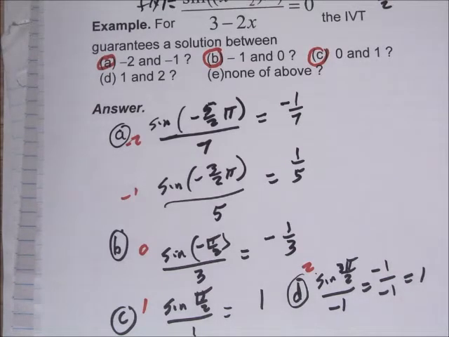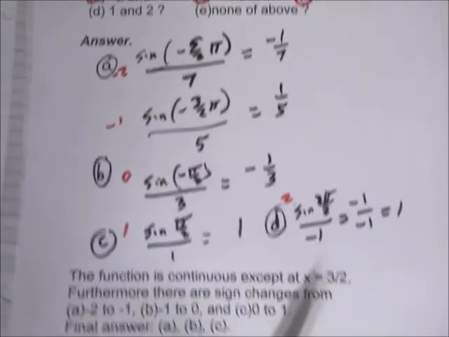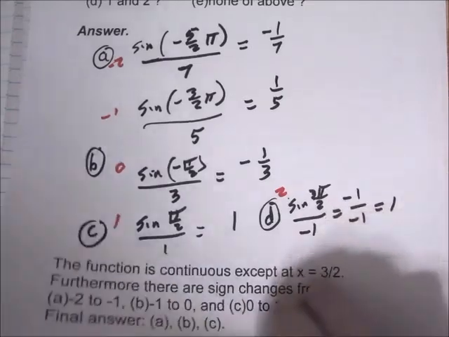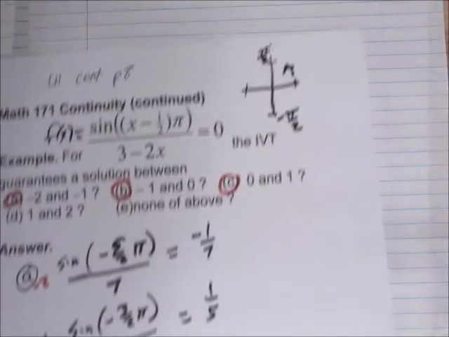So A, B, and C would be guaranteed to have a 0. We can't say that about D necessarily. There's no sign change for one thing, and also there's a discontinuity there when x is 3/2.